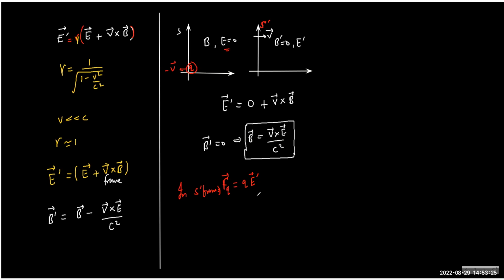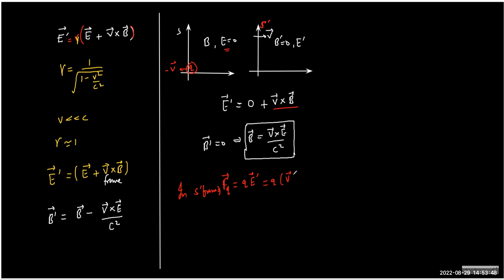Because in that frame, according to S dash, there is no magnetic field. And because there is no magnetic field, there is no question of magnetic force. So the only force that it can experience is electric force, which is Q into E dash. And the E dash is how much? You can see E dash is V cross B.